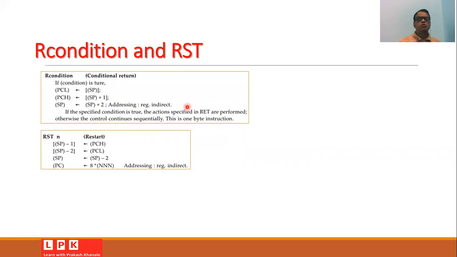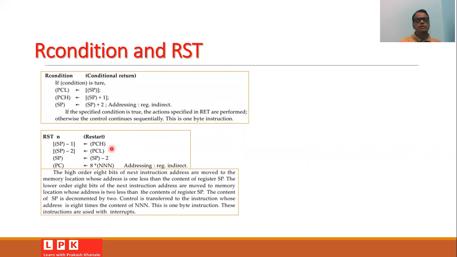There is another instruction called restart. In the restart instruction, you need to write RST followed by a number n. Whenever this instruction is executed by the microprocessor, the higher order 8 bits of the content of the PC will be shifted to 1 less than the content of SP.